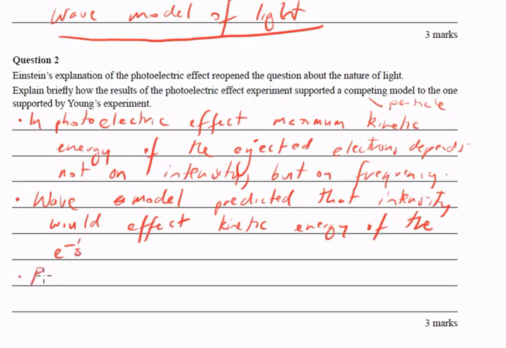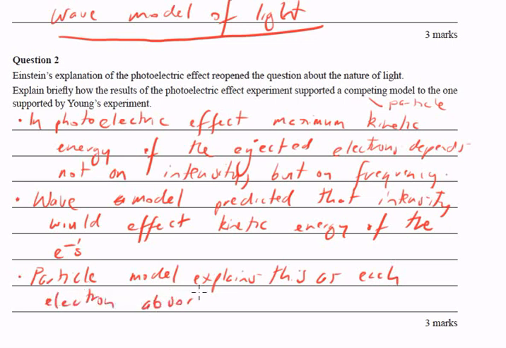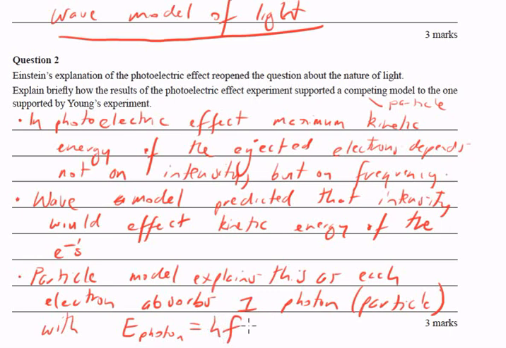Now we have a particle model, which explains this as each electron absorbs one photon. It's a particle of light, and each photon has energy equal to hf. So it depends on its frequency.